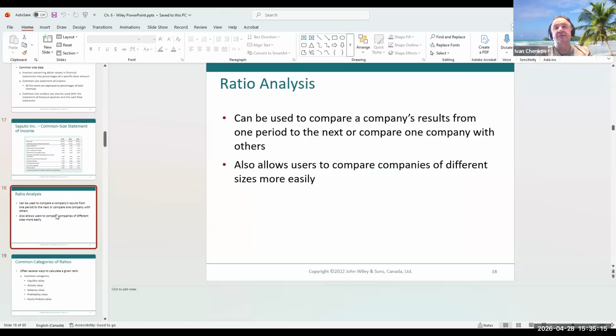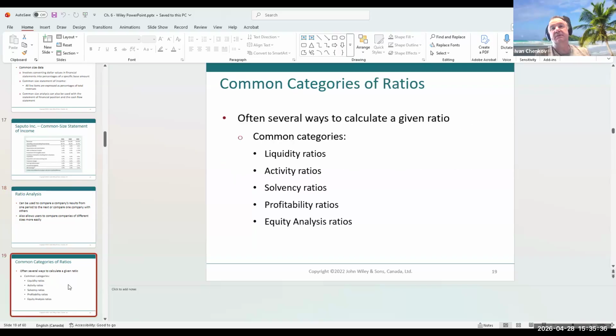Now with this ratio analysis, we can compare different companies. That allows us to compare companies of different sizes more easily, as we saw when one company is in the range of $1 billion and the other one is only in the thousands.